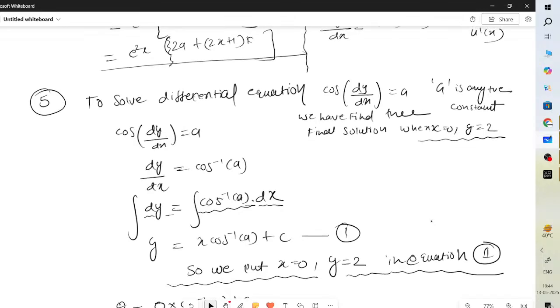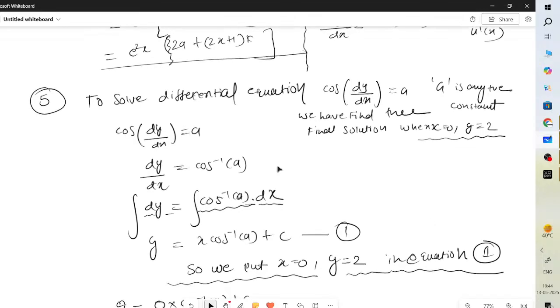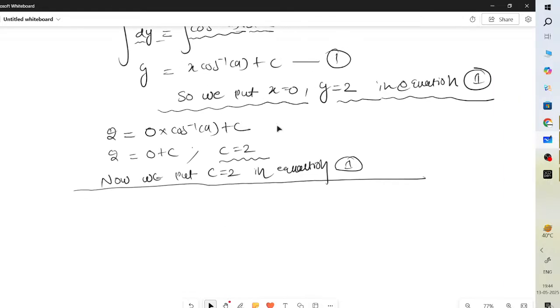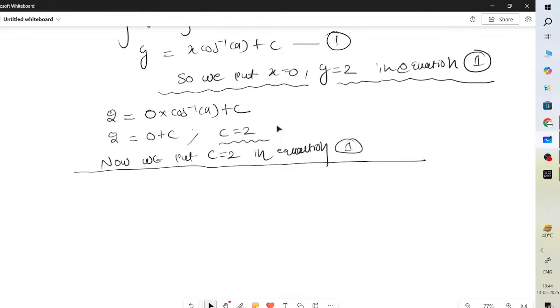Whenever we are provided any condition of such type, we always eliminate the constant c from our solution, and the solution that we get after eliminating is our final answer.